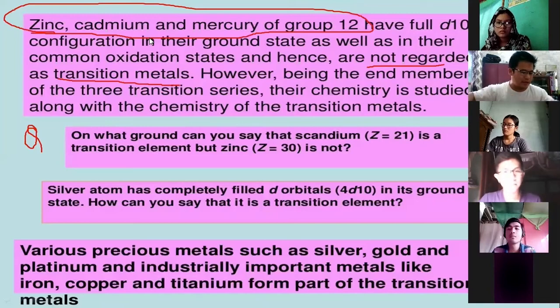Those who know the answer can tell me. This question is an application type question.